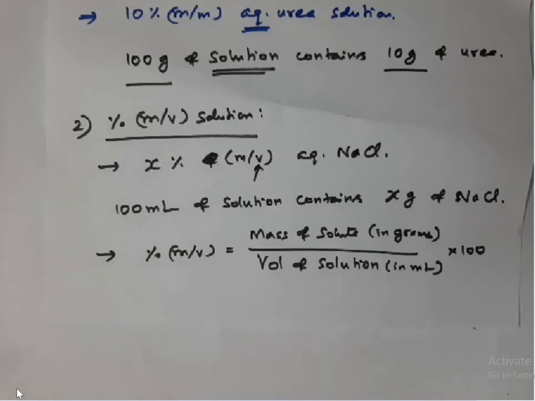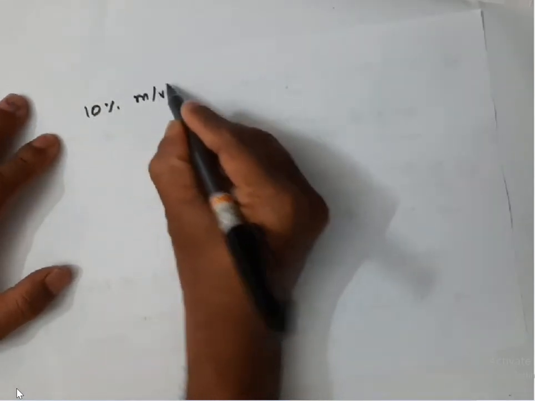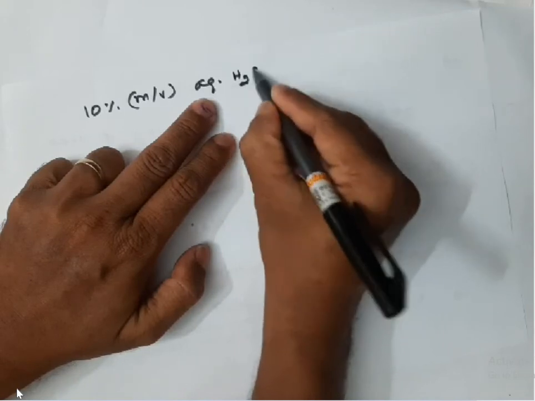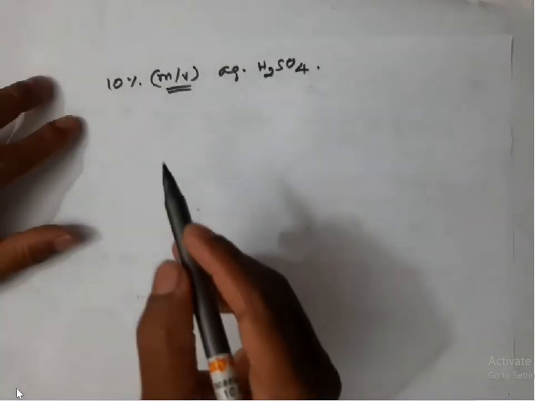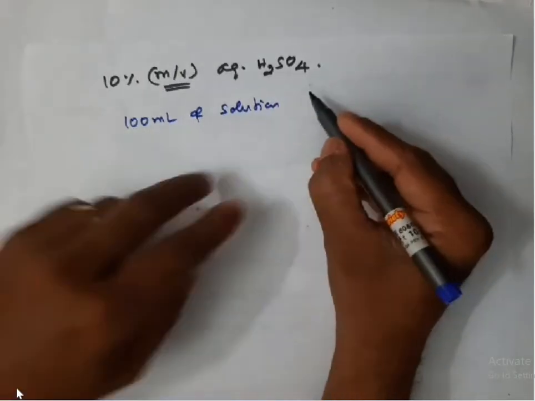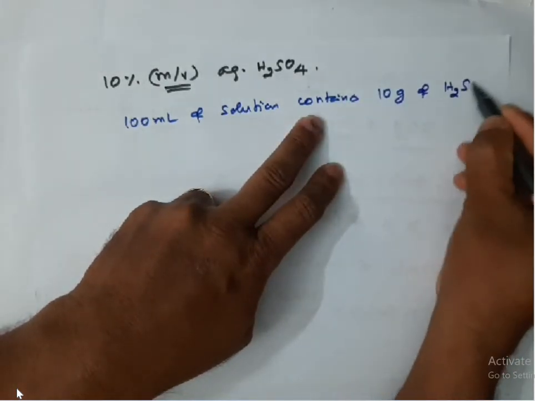Good. Now, just for understanding purposes, let me give you a question. You try to answer this. Suppose I give 10% mass by volume aqueous sulfuric acid solution, aqueous H2SO4. What's the meaning? 100 ml of solution contains 10 gram of sulfuric acid.